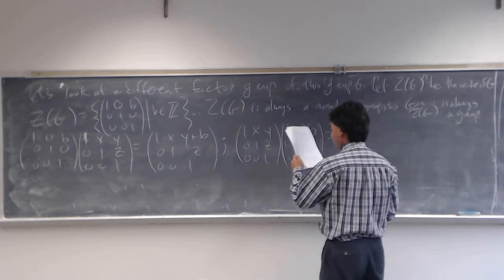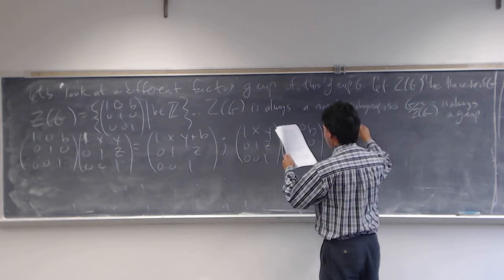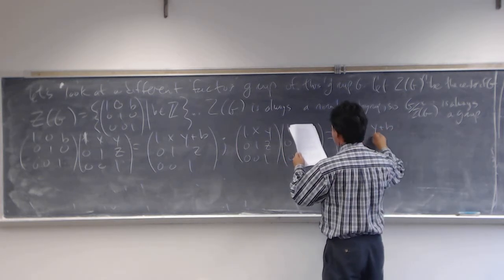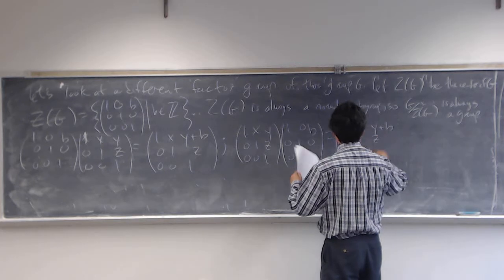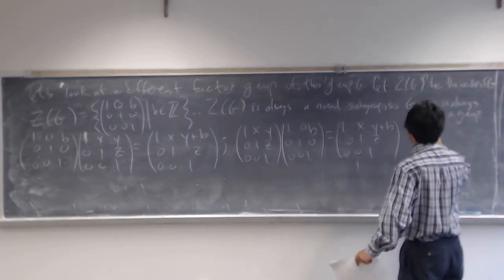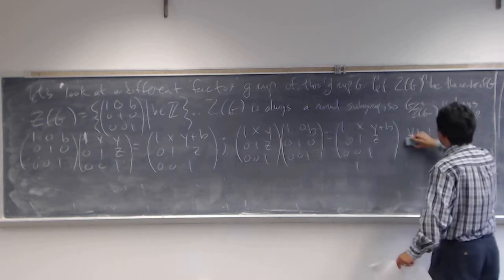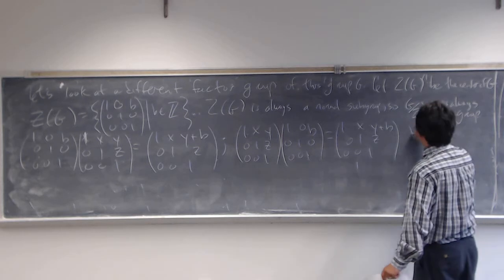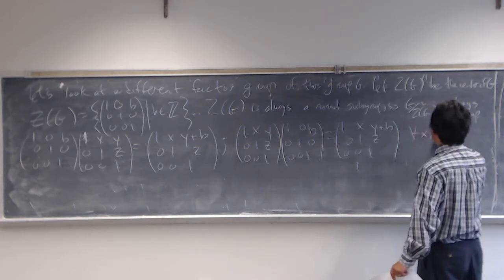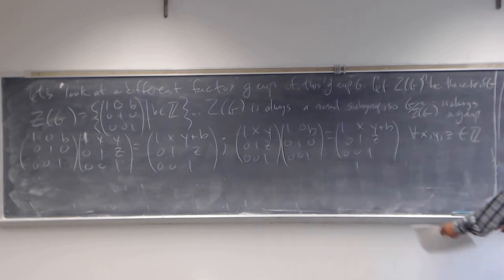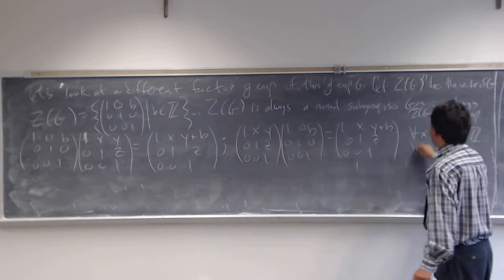That should end up being 1, x, y plus b, 1, 0, z. And this is true basically for any matrix in the group, so that involves taking any three integers x, y, and z to give us our matrix in G.